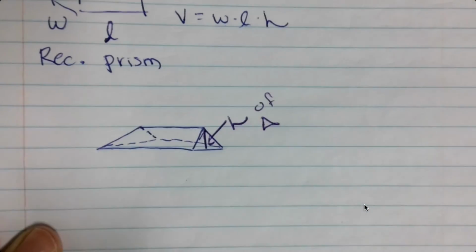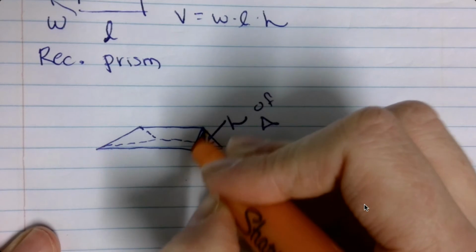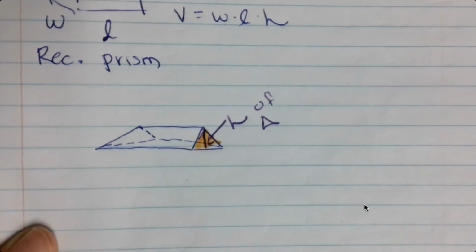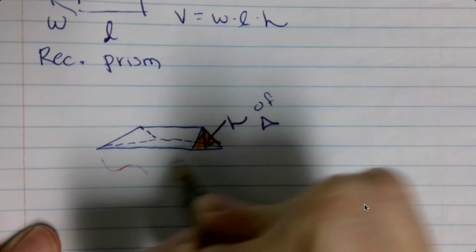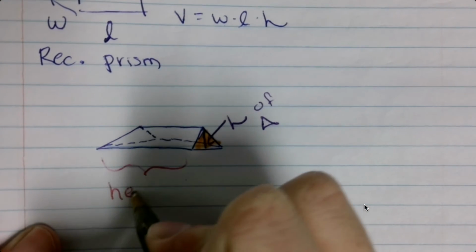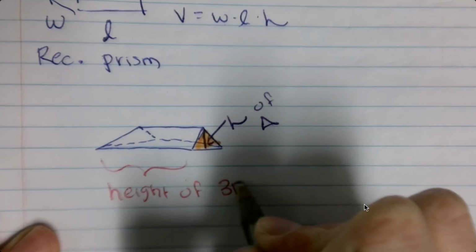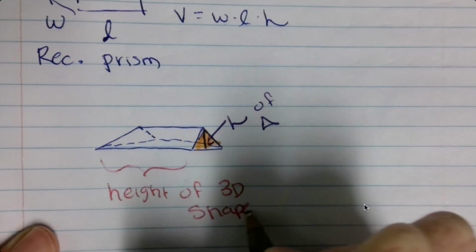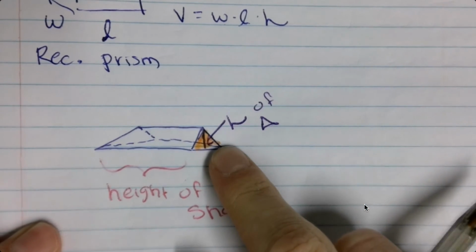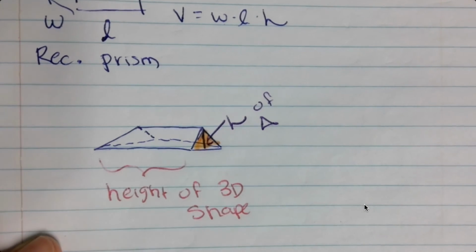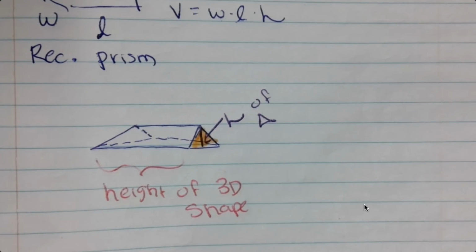We are talking about this as the base. And then this right here is the height of the 3D shape. So this is just a 2D shape, and that's its height. This is the height of the 3D shape. This is why this one's a little bit harder for people.